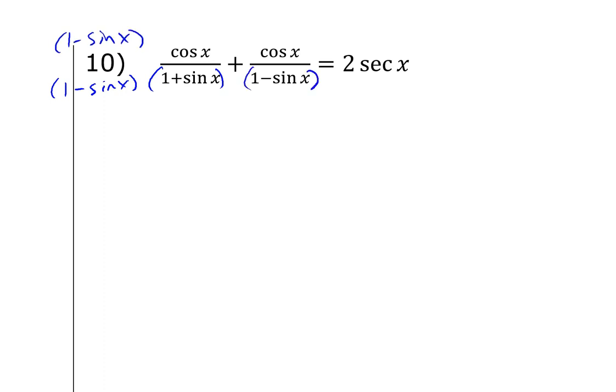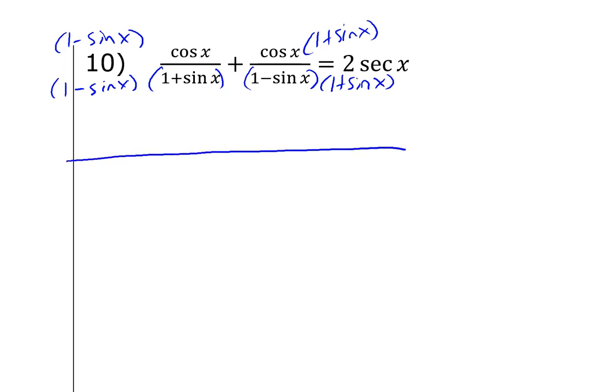And let's multiply this side by 1 plus sine x. Okay, so now I have 1 minus sine x times 1 plus sine x. I have both of those. My denominators are the same now. I have like denominators. So I'm just going to recopy everything.